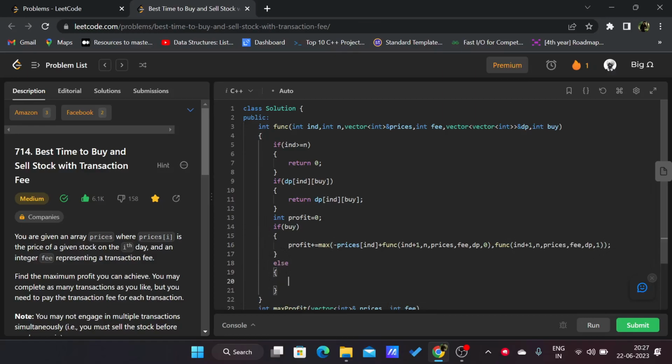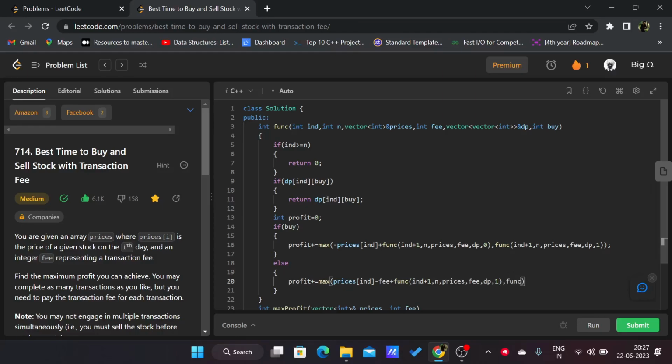Else, if this is not the condition, profit plus equals max of, this time I will be selling, so the price will come into my account, as well as I will deduct the transaction fee. Along with that, this time I will go to the next index to buy again, so index plus 1 and prices, fee and dp, and this time I will buy again, so I will pass a 1.